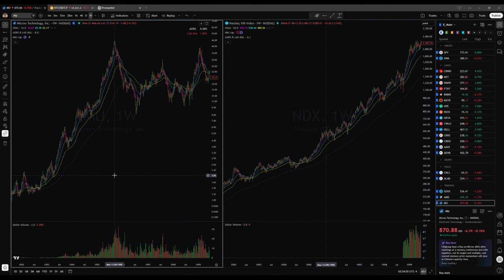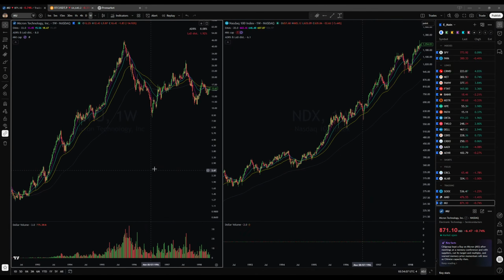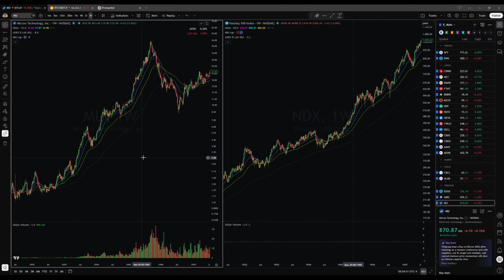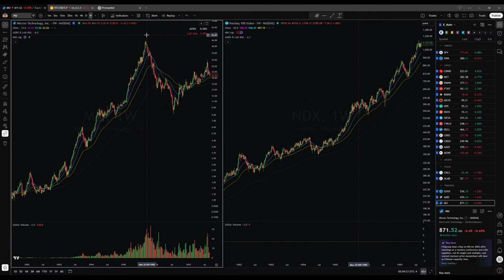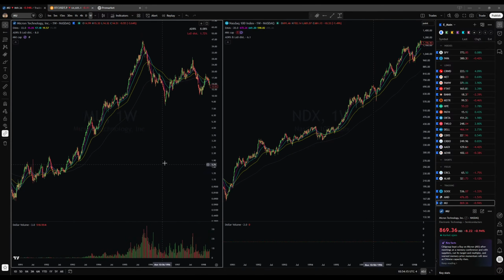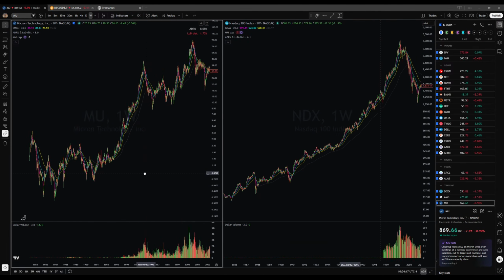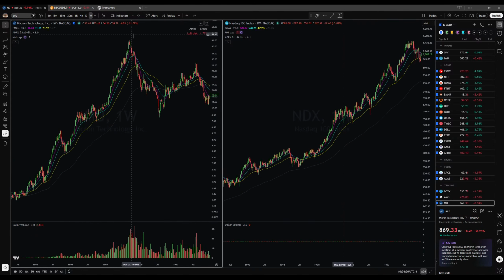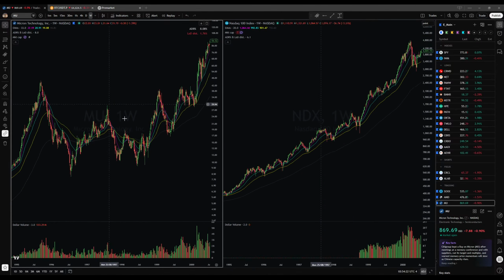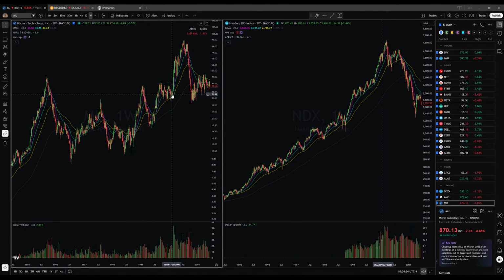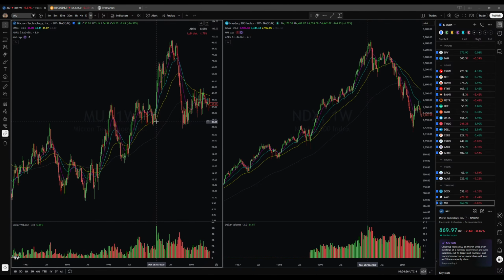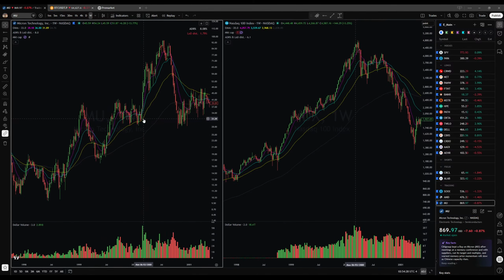So we also got MU, and MU was a pretty early leader during the dot-com bubble. It makes a parabolic top back in 1995, and then goes sideways for 5 years, breaking out in the last parts of the rally, in the really last few weeks of the Nasdaq uptrend.